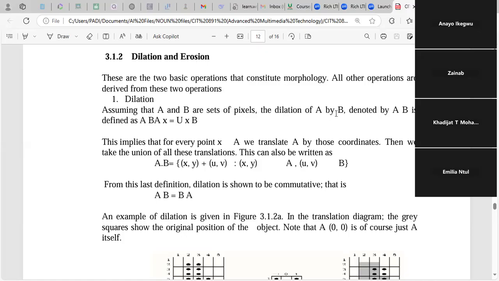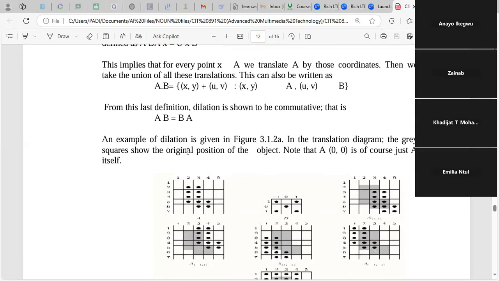The dilation of A by B, denoted by A ⊕ B, is defined as follows. Just note this formula. If I ask this in the exam and you explain it in this way, you will be able to get the marks. Where A dot B is the product of A and B. You are multiplying the two values. So it has been transformed here.